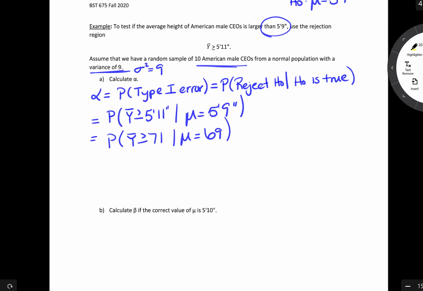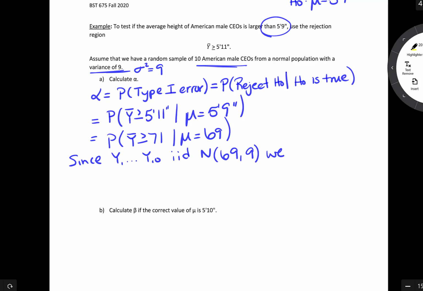All right, now we've got some other information here, and what we know is some distributional information. So since y1 through y10 are IID normal, in other words, they're all coming from this normal population, and again, we're assuming under the null hypothesis that the mean is 69 inches, and we know that the variance is equal to 9 inches.